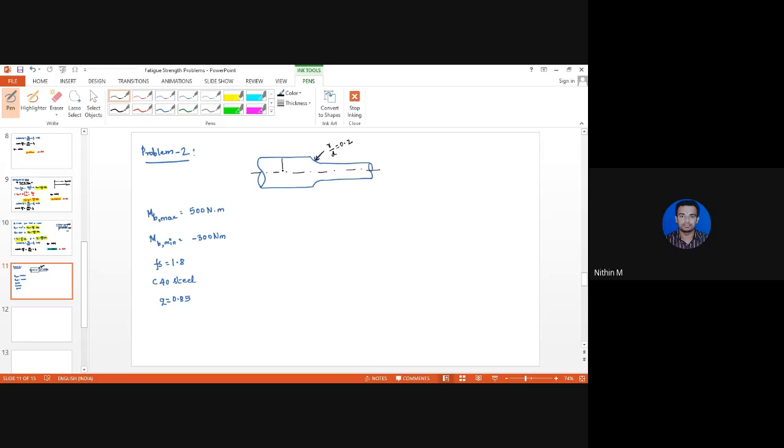So draw the diagram. This is basically subjected to a bending moment, right? It is subjected to a bending moment which is changing its direction as well as magnitude. Did you draw the diagram?